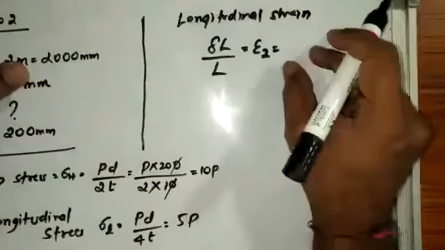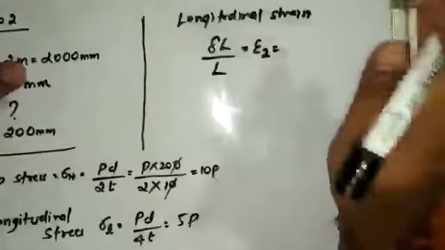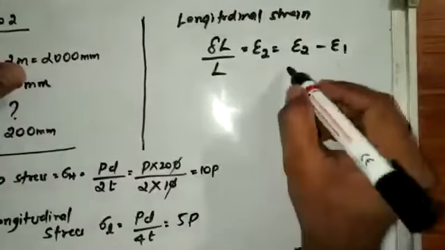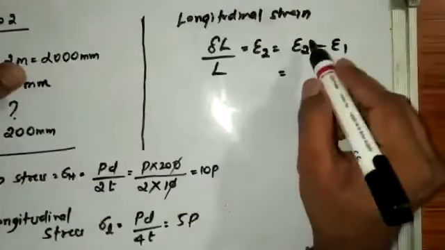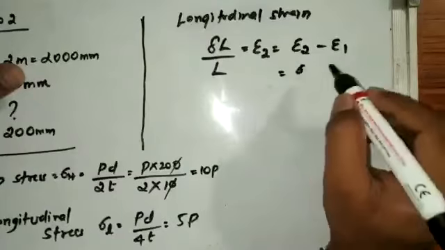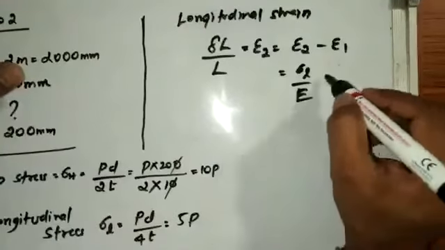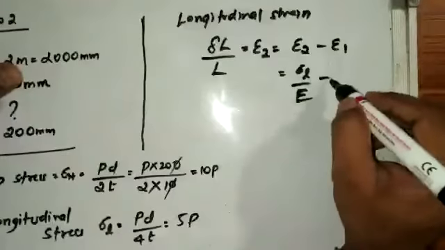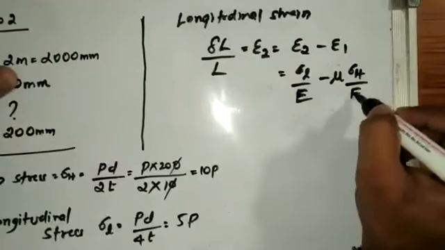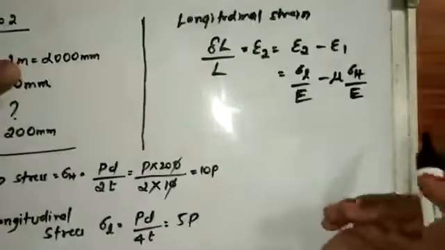So now you consider the change along the longitudinal direction as positive. So make it as epsilon 2 minus epsilon 1. Or if you want to write in terms of stresses, longitudinal stress upon E minus. So whenever minus is there, consider Poisson's ratio, hoop stress upon E. Okay, is it okay? The interchange of the previous one.